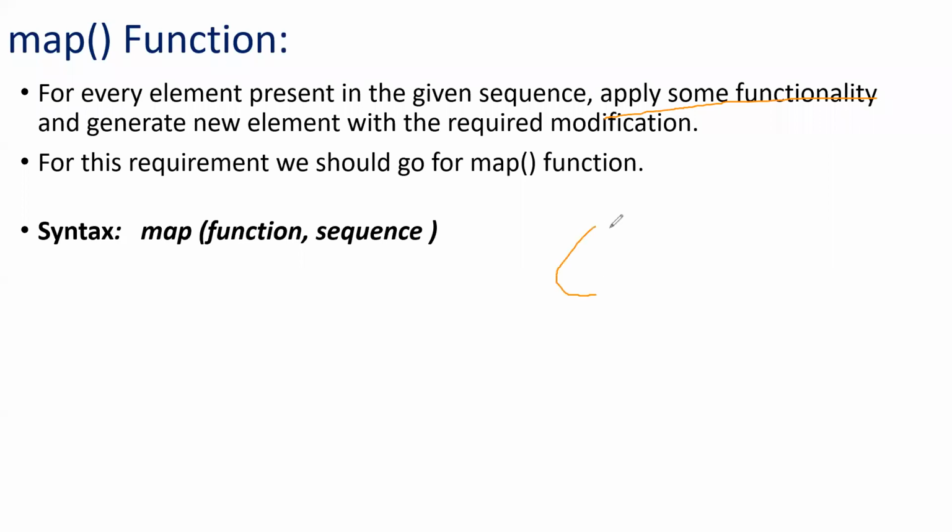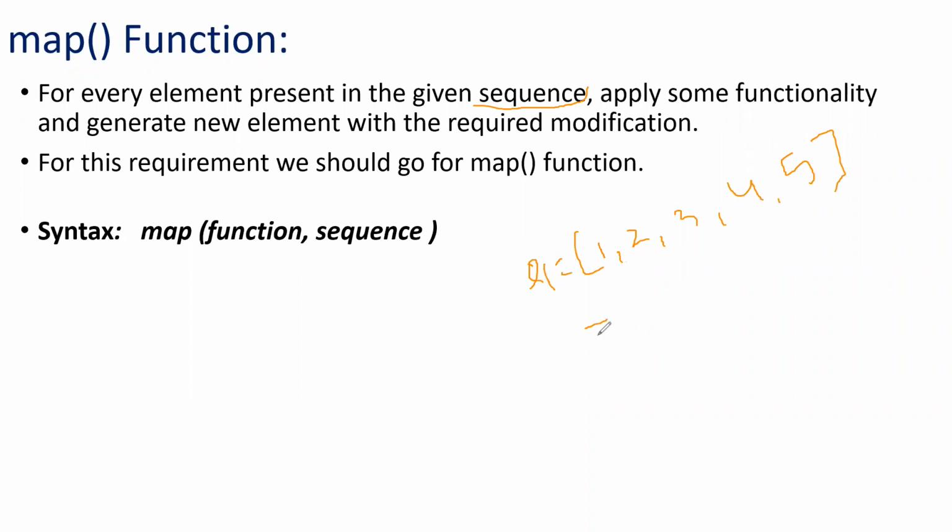For example, if you take some sequence, sequence means list or tuple or whatever. Let's say 1, 2, 3, 4, 5. And we need to apply some functionality, some logic or expression, to each and every element present in this one. For example, if I want to make each element a square, L1 equal 1, 2, 3, 4, 5.